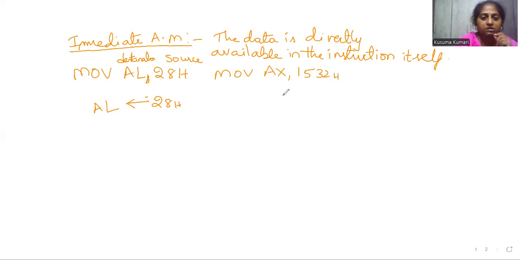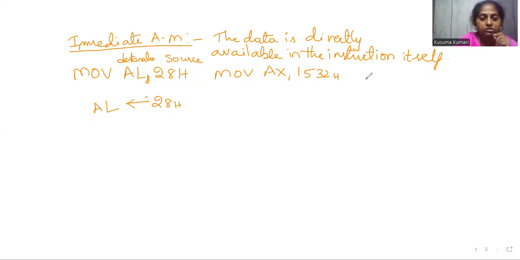What is the difference here? The previous one is an 8-bit register, that's why the data is also 8-bit. Here, this is a 16-bit register, so the data is also 16-bit. How is it called 16-bit? Because a 16-bit number is represented as 4 hexadecimal digits.